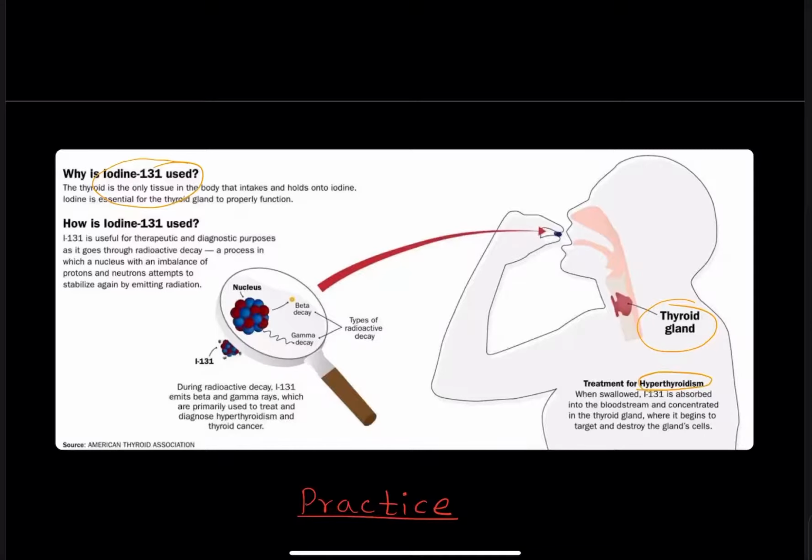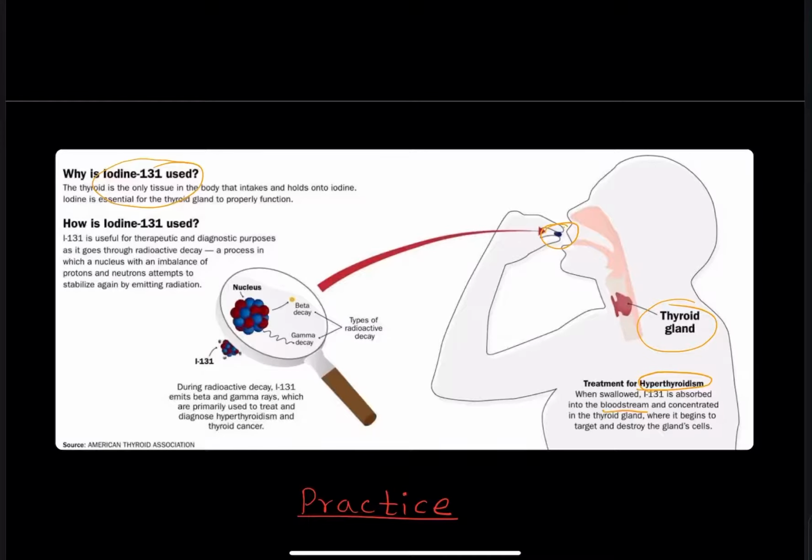Once you take it, this isotope in the form of a pill goes to your small intestine, is absorbed into the bloodstream, and concentrates in the thyroid gland, where it targets and destroys the bad gland cells. It's also widely used in thyroid cancer.